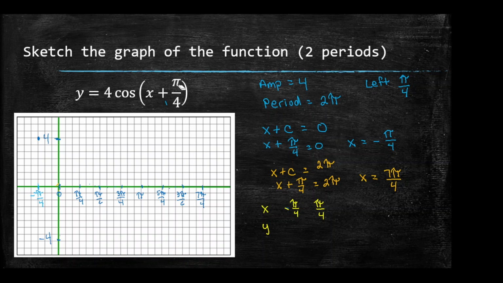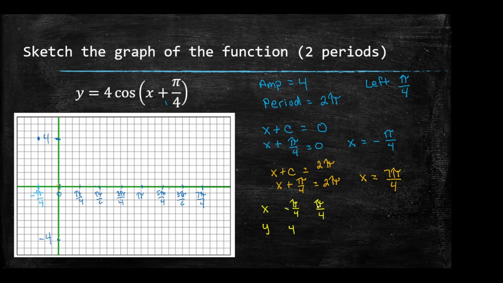That's why that is at 0. So cosine of 0 is 1. Cosine of 0 is 1, so 1 times 4 is 4. So this is my starting point at 4.